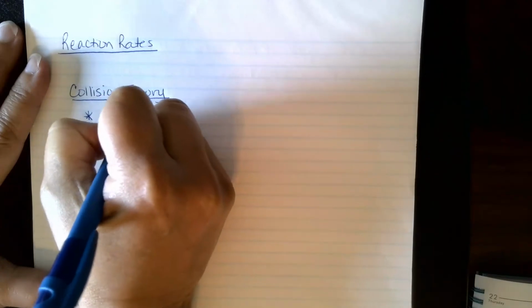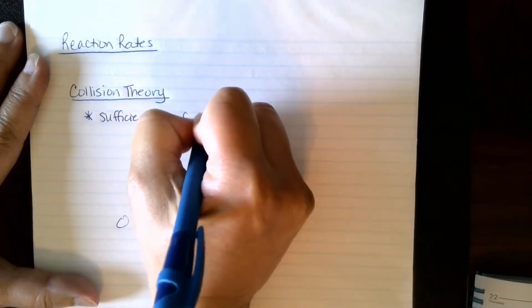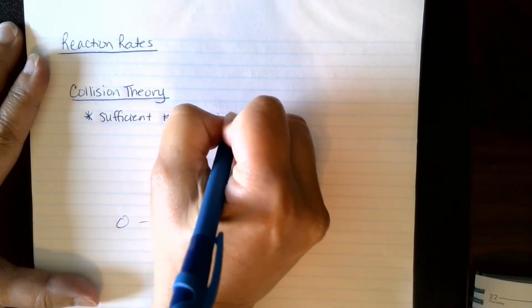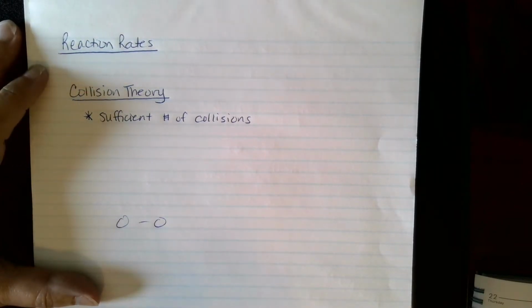And the first part says that there must be a sufficient number of collisions. Now, the more collisions that happen, the better the odds that the reaction will take place.